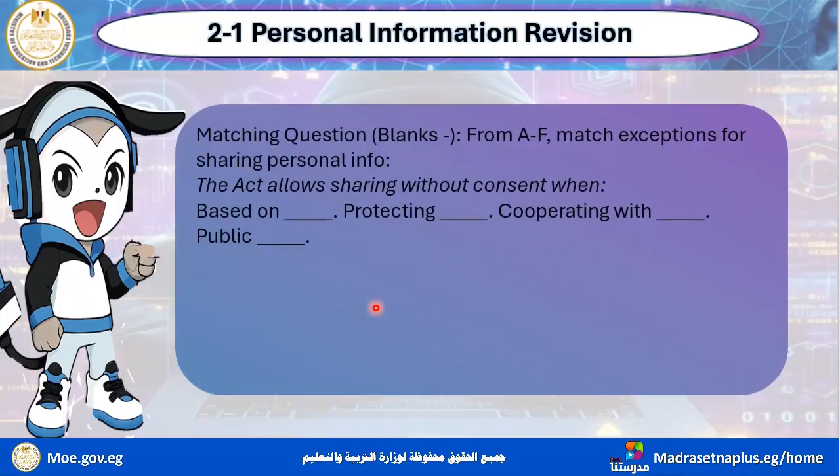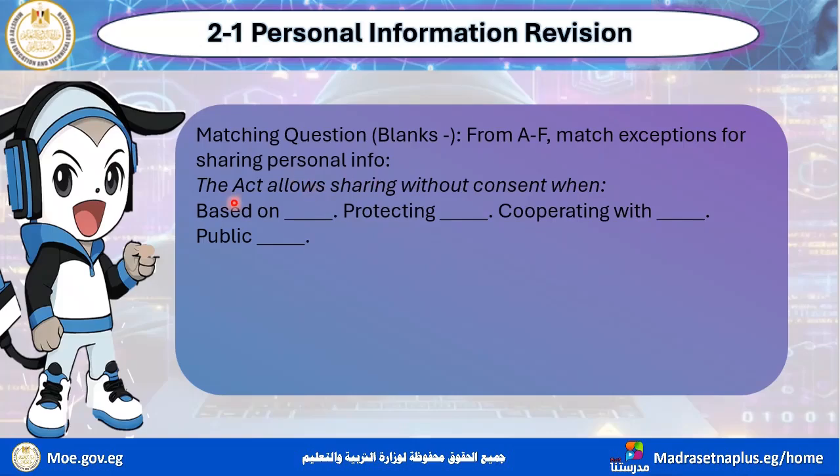Well, this is a matching question. So we brought you here spaces, and we want you to choose the correct answer for each one of these spaces. So from A to F, match expectations or exceptions for sharing personal information.